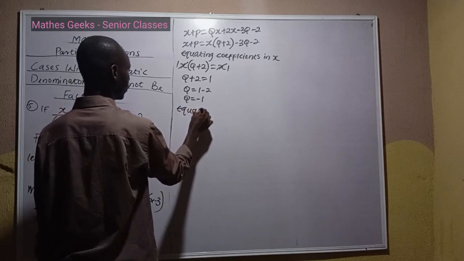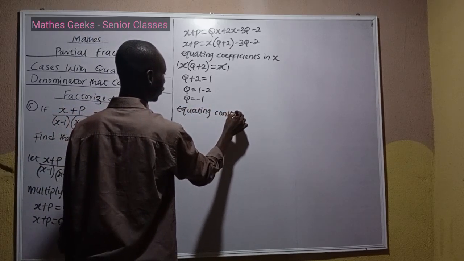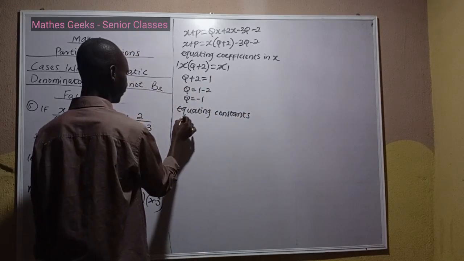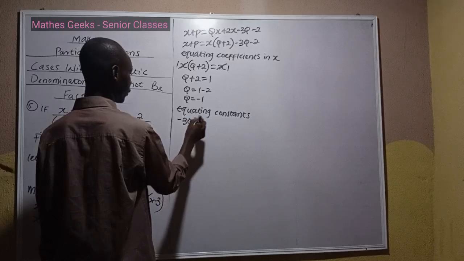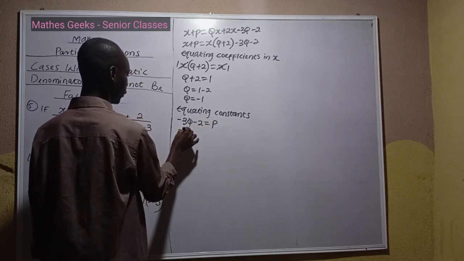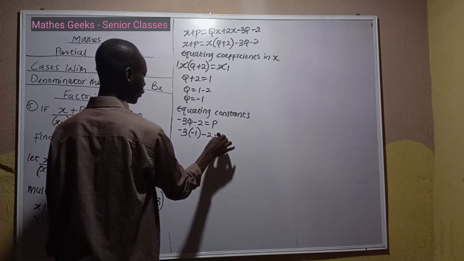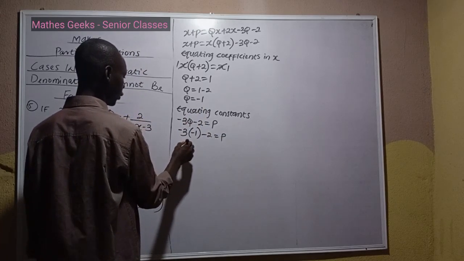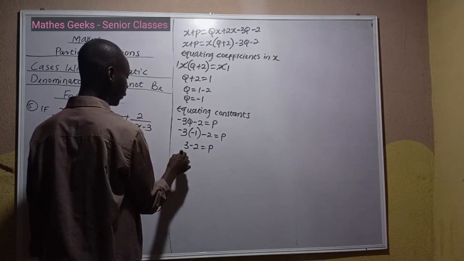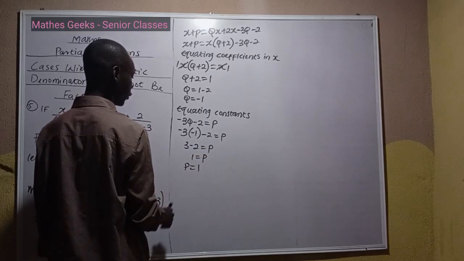Equating constants, minus 3q minus 2 equals p. So where q is equal to minus 1, minus 3 times minus 1, which is 3, minus 2 is equal to p. 3 minus 2 is 1, so p is equal to 1.